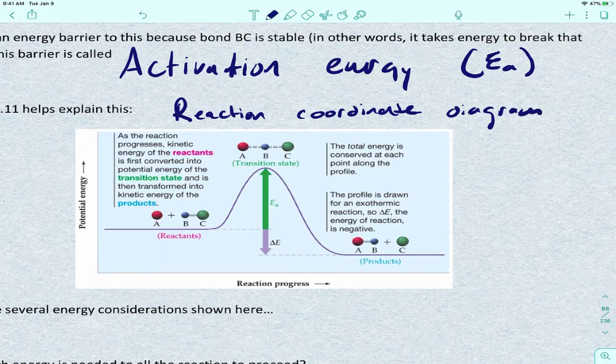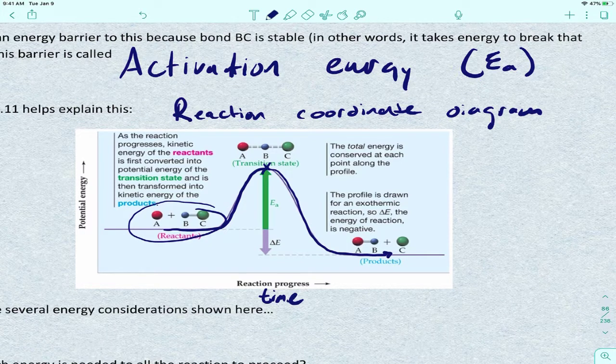Basically think of this as a way of plotting a chemical reaction out. You've got the energies of the reactants, so potential energy is on the y-axis, and the time or reaction progress is on the x-axis. For this reaction to occur, you have to gain energy until you get to the top of the hill, and then you start to release that energy.